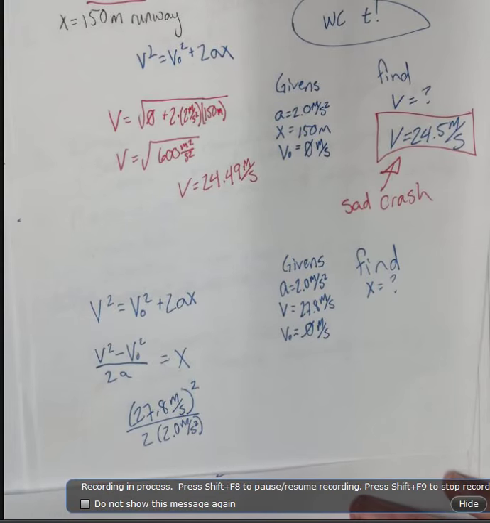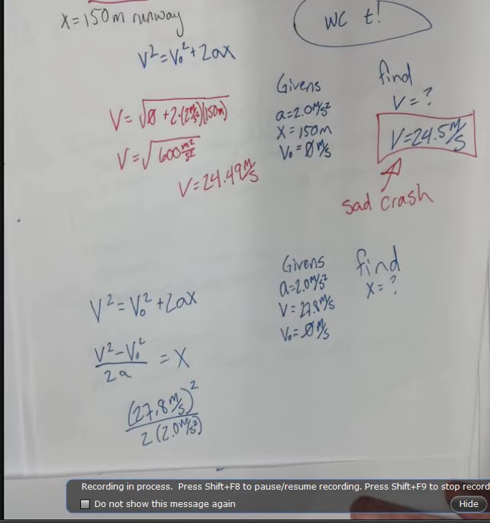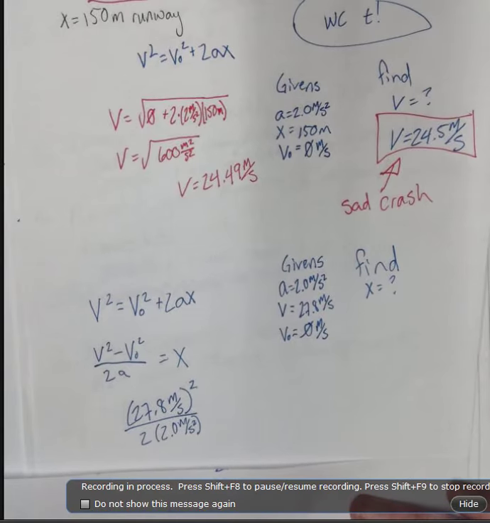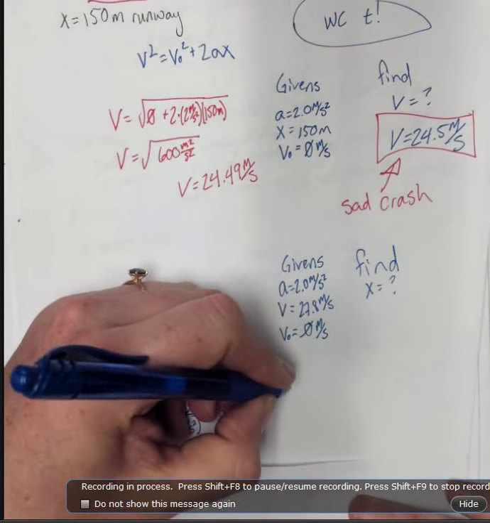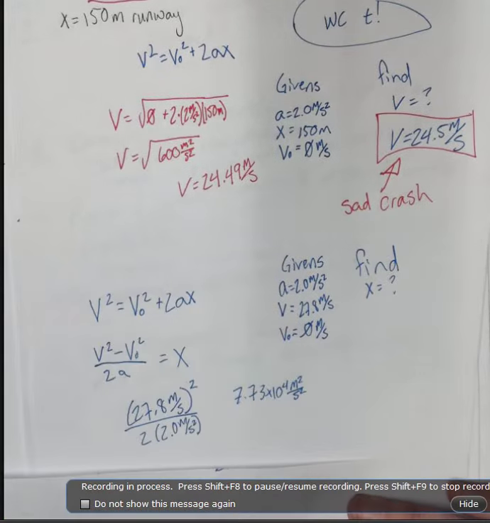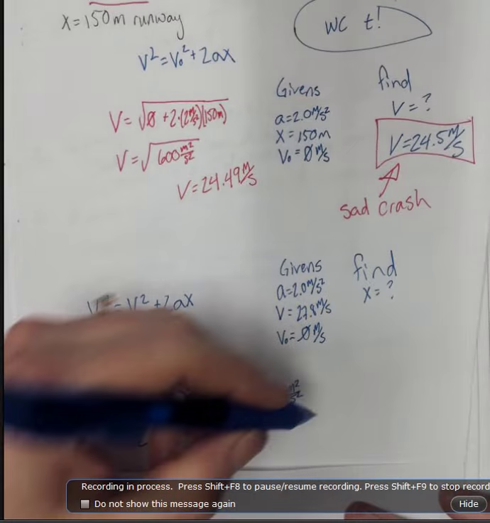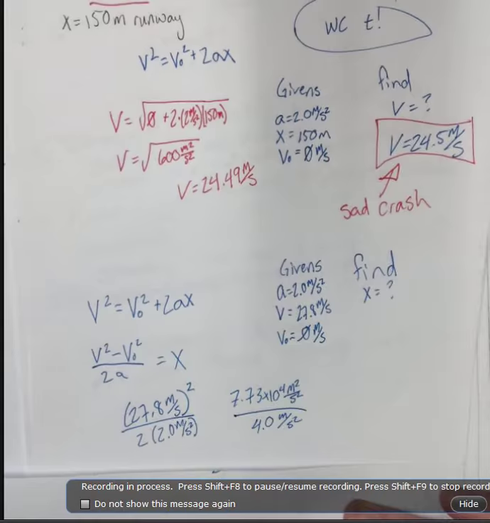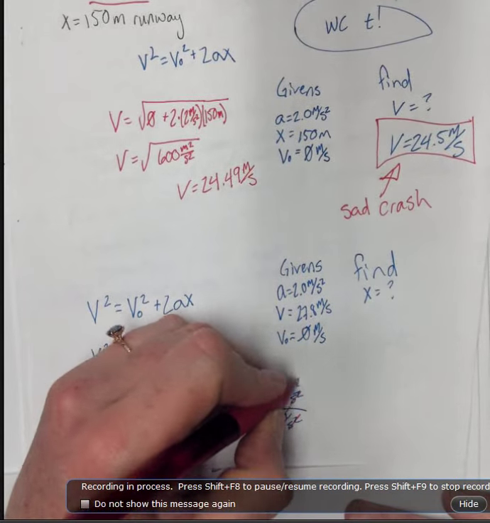I have to square my velocity, 27.8 squared, and that gives us 7.73 times 10 to the 4th meters squared per second squared. Remember that your units get carried through like variables, and that's divided by 4.0 meters per second squared. If we take care of our units, our seconds squared are gone and one of those meters is gone.